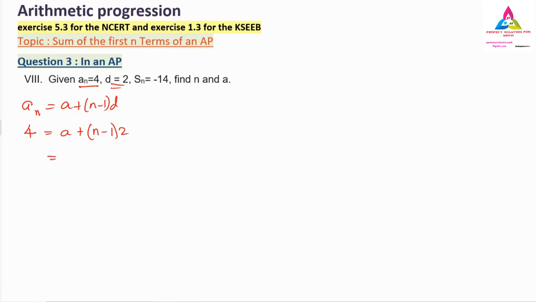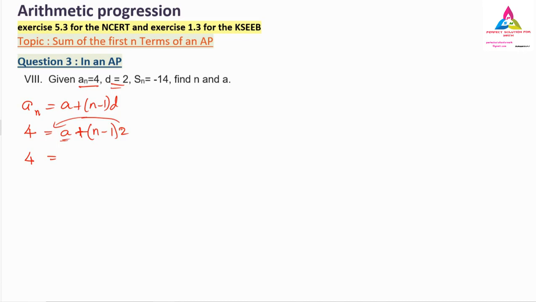For the simplification, 4 we will write as it is. Now we can't shift this 2 to the other side. Why can't we shift this 2 to the other side? Because here we have into 2, but here we have plus. By the BODMAS rule, when we are shifting, we have to first send the addition. Here the addition is a, and we don't know the value, so we have to keep it here only.